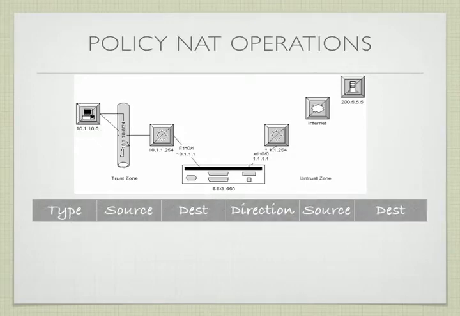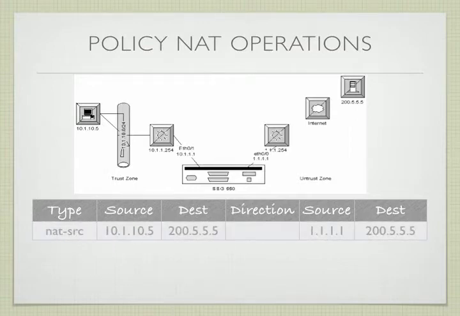And the options then for this are to do source translation. So in this scenario, in a NAT source, you would see that the source IP address for this traffic is changing from 10.1.10.5 to 1.1.1.1.